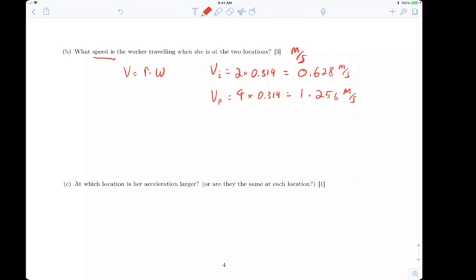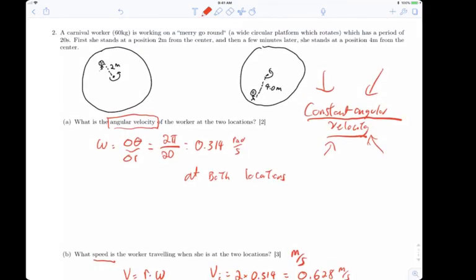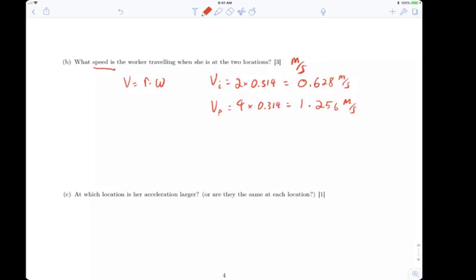At which location is her acceleration larger? So she's going in a circle. Velocity is like that over here, and her velocity is like that over here. She has a different speed at both places. V squared over R. Alternatively, we can write this in terms of the angular velocity.